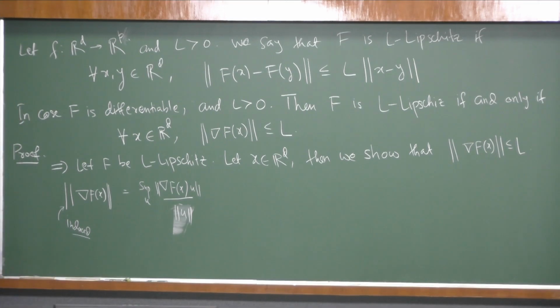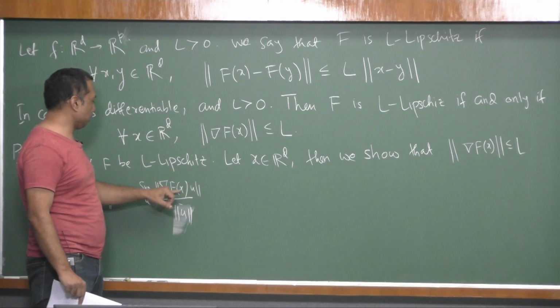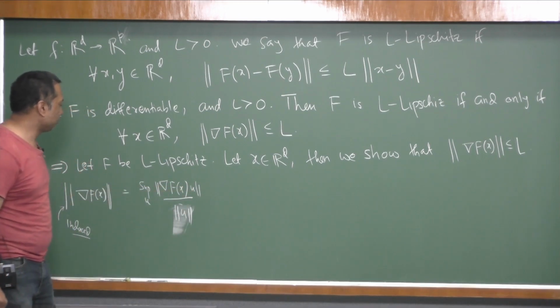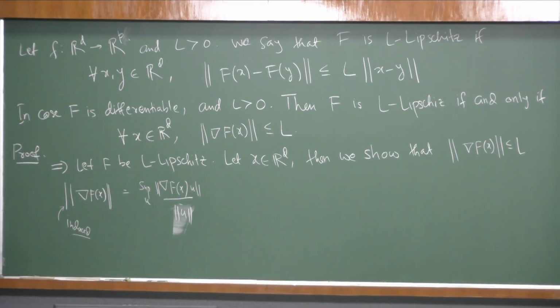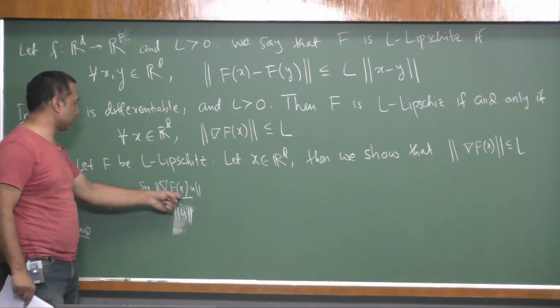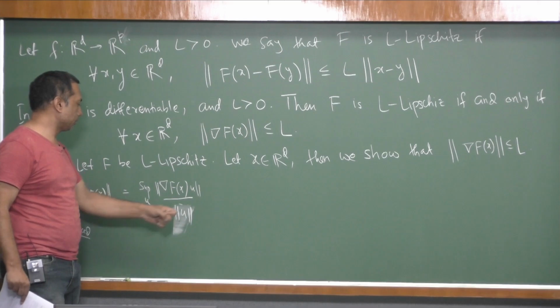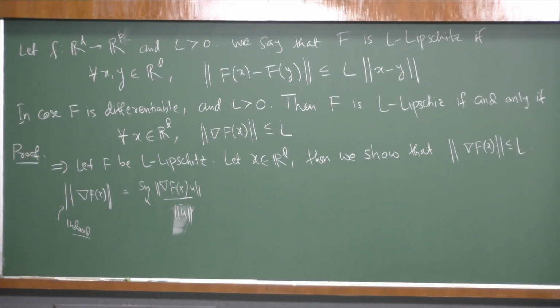So this is how you measure the size of a matrix. Norm is a measure, right? So you apply it on u and see how much stretch or contraction it does to u relative to u.